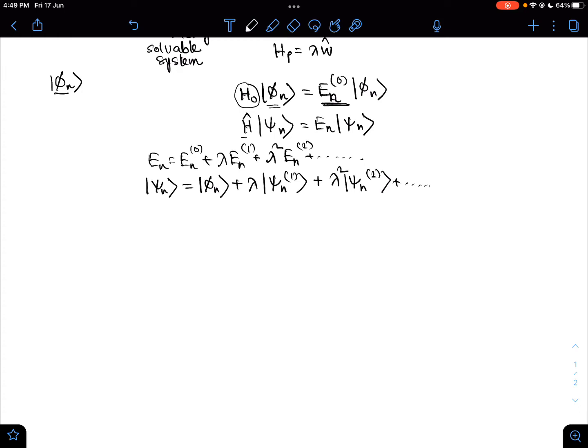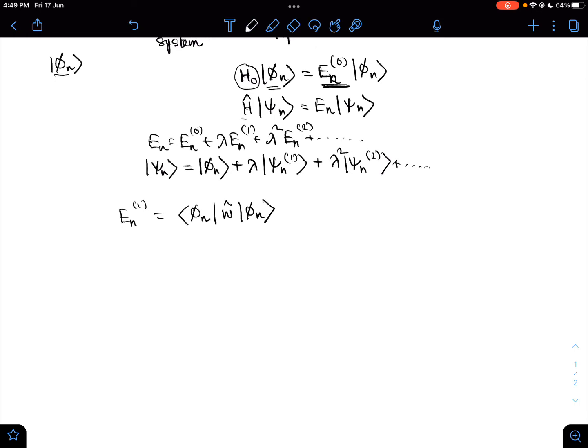From the analysis that we have done in the previous video, we found the value of En1 to be phi n W phi n. This is our correction term in the energy up to first order of lambda.